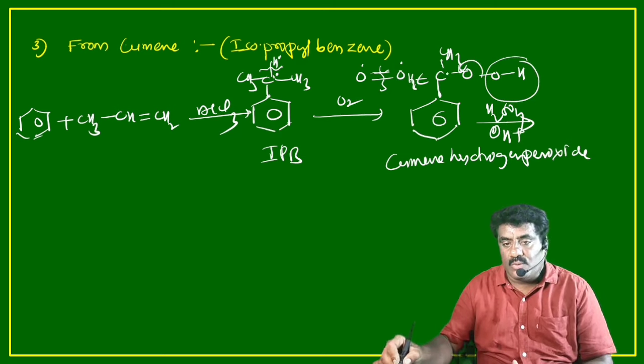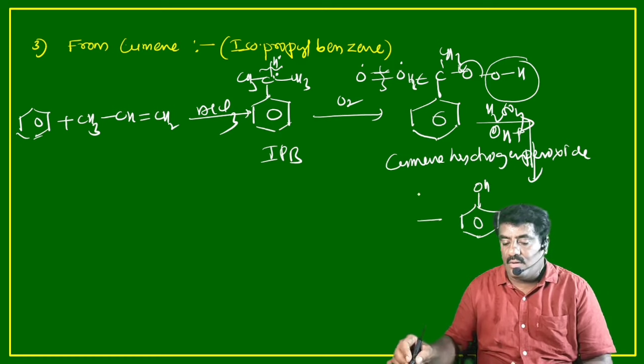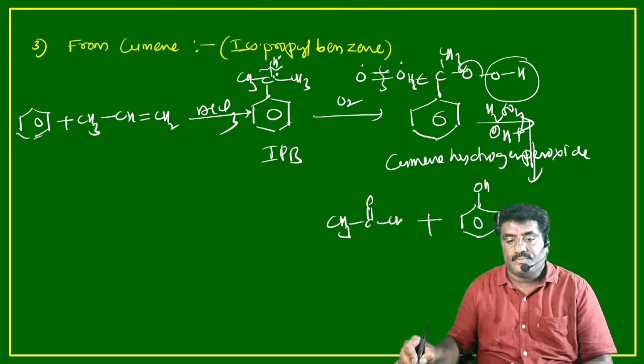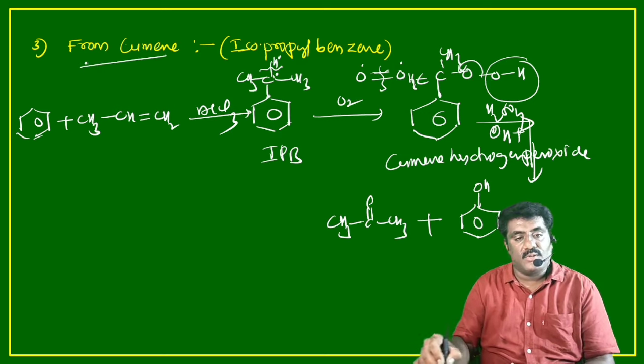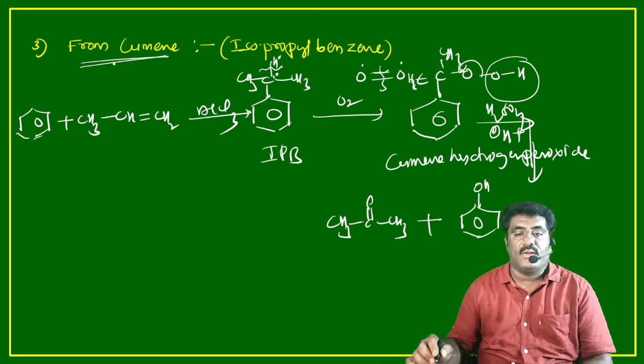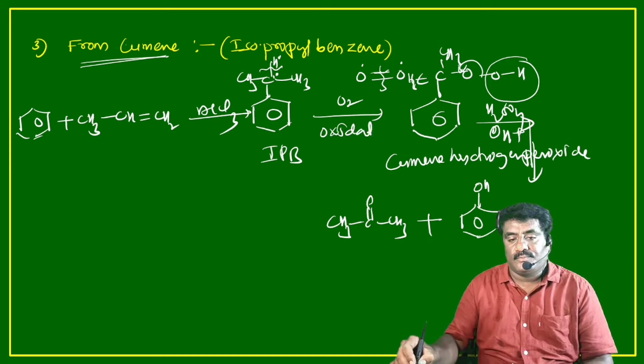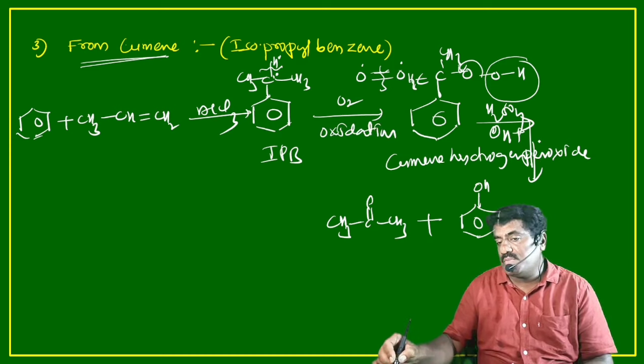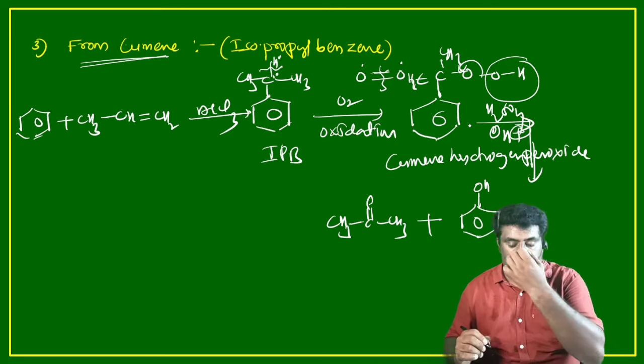OH attacks on benzene to form phenol and acetone. It is also a preparation method of acetone. Yes, it is from cumene. Cumene to phenol oxidation, decomposition in presence of H plus to give phenol.